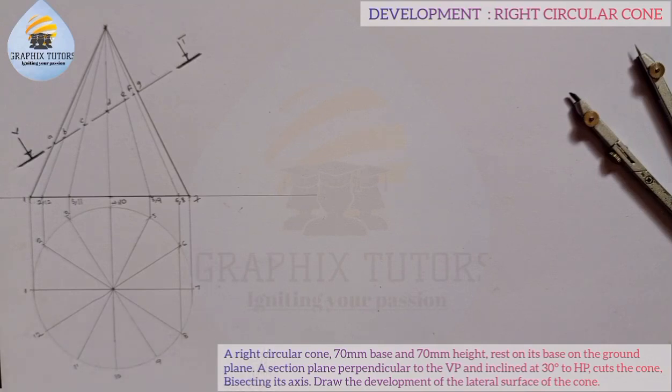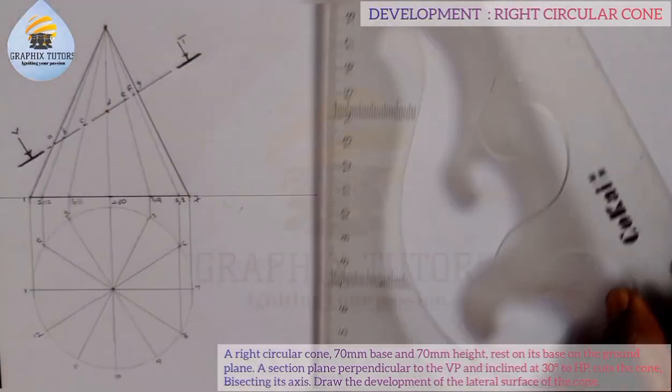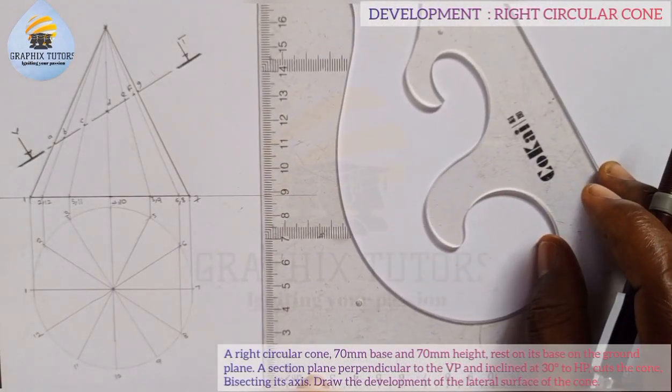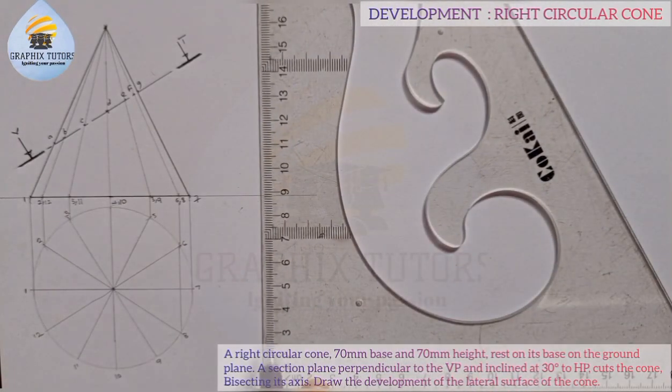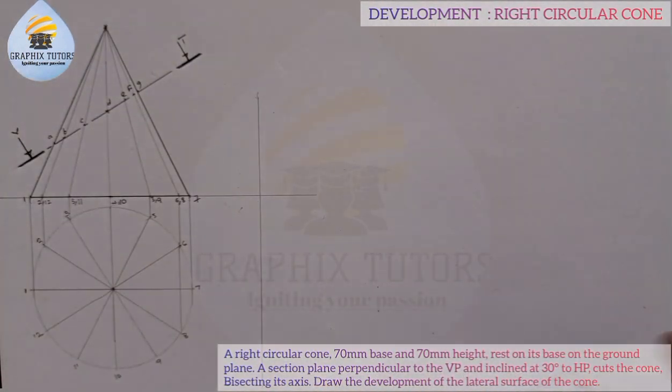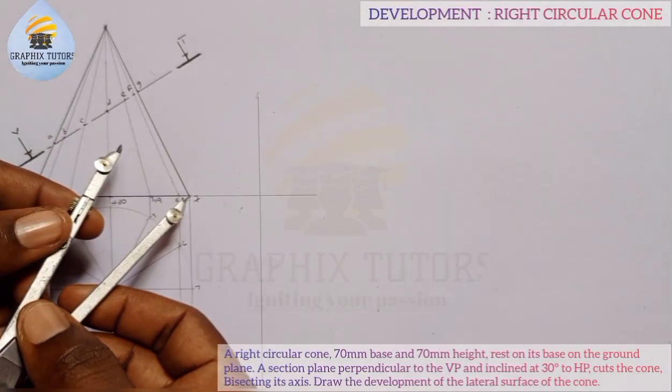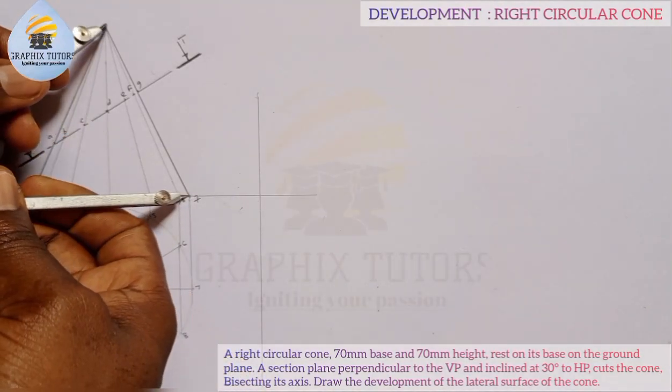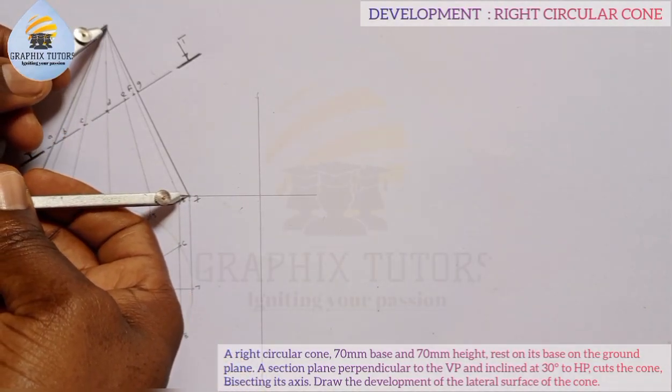So I will take my meter rule and I will draw a vertical line this way. You can see that? And we'll take the true length of the triangle, which is from here to this point, is the true length here, right?